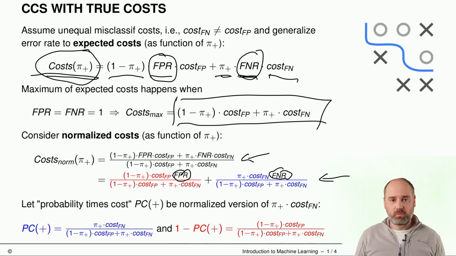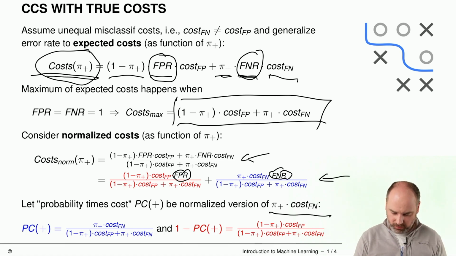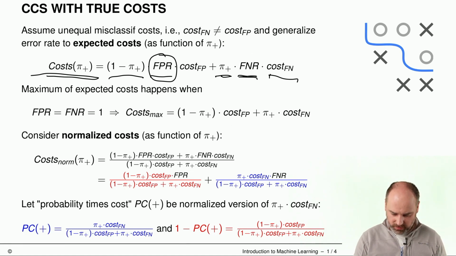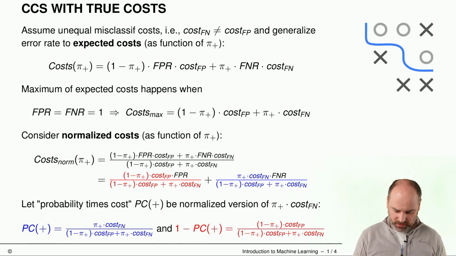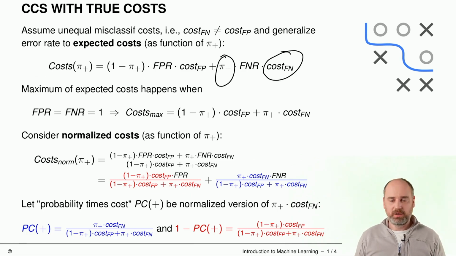What I now want to do is introduce a little abbreviation, a symbol for probability times cost. Probability times cost is simply pi plus times cost of FN. Let me remove a lot of these different scribblings. I just want to introduce an abbreviation for this product, pi plus times cost FN, so this prior probability times the cost.